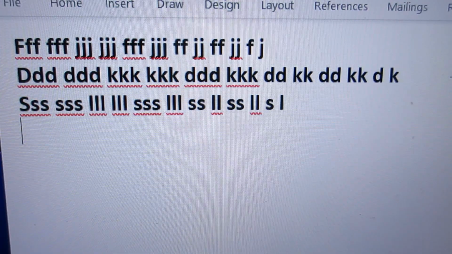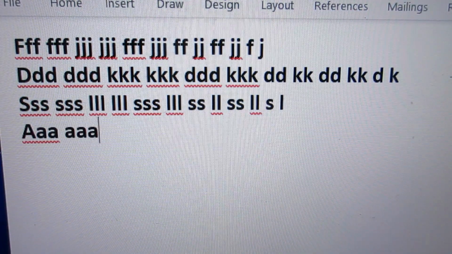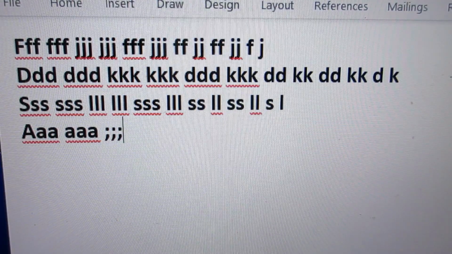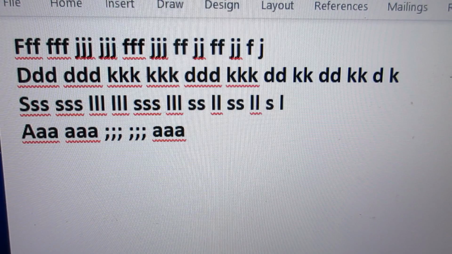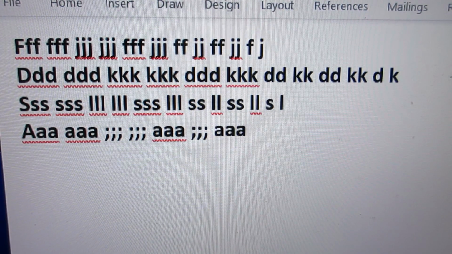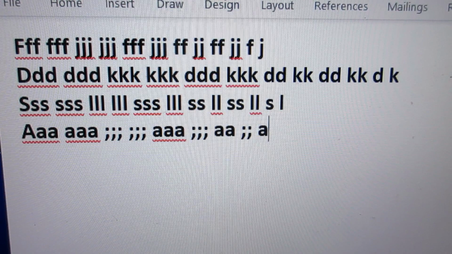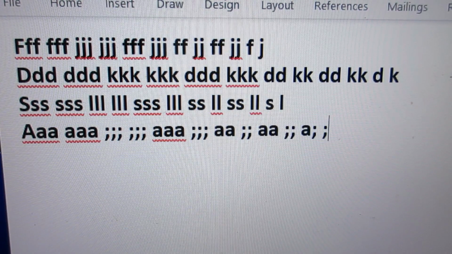So it goes like this: A, space, A, semicolon, semicolon, A, semicolon, A, semicolon, A, semicolon, A, enter key.